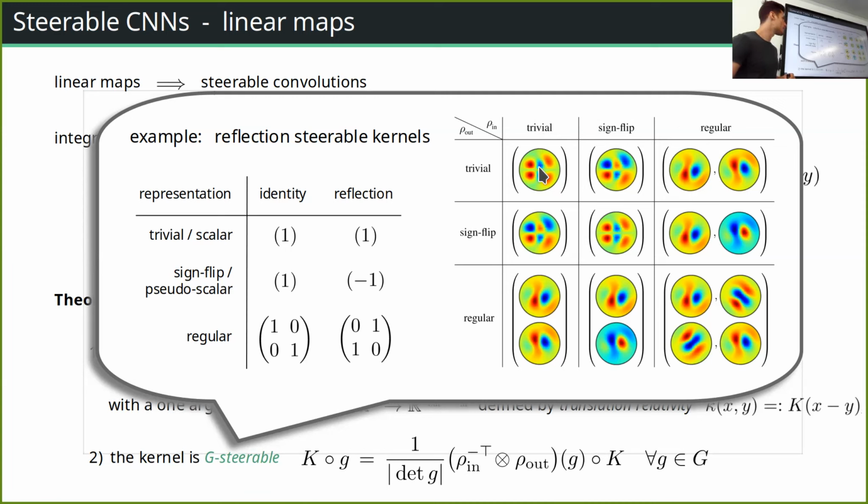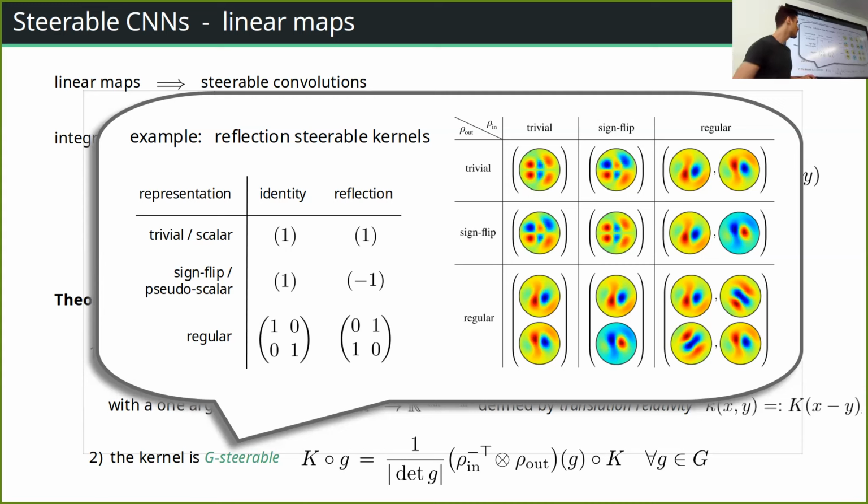And this would, for instance, tell you that if we want to map from a scalar field to a scalar field, our kernel has to be symmetric. If we want to map from a scalar field to a pseudo-scalar field, we need an anti-symmetric kernel. And that makes sense, since a scalar field doesn't change if you reflect it, and you want to get a scalar field again, which doesn't change if you reflect it. This means that your kernel has to be symmetric under reflections.